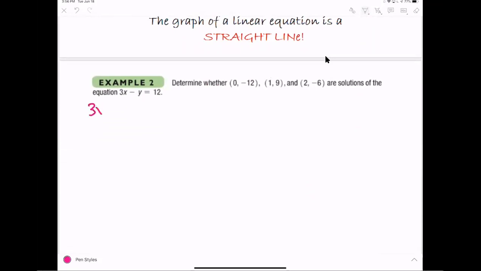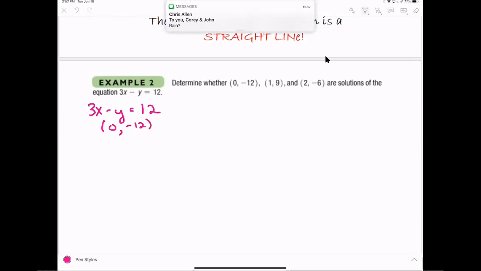So the equation of our line is this equation, and I want to know whether the point 0, -12 is a solution. To be a solution, when we substitute in our values, we need both sides to equal one another.